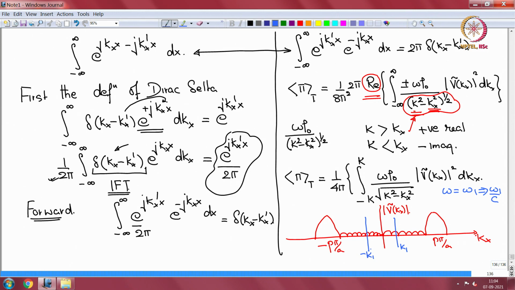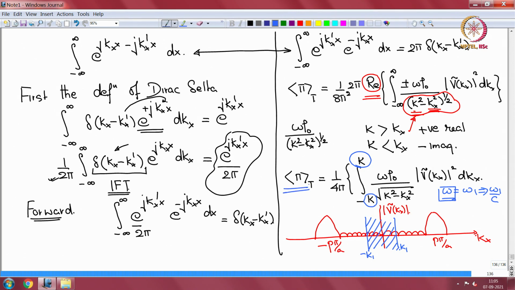So we now integrate based on omega, this k value gets decided, that's the only way the k value gets decided. So now k is equal to k1 and the range of integration is minus k1 to k1. So at this frequency only this range of wave numbers need to be integrated and power is computed.